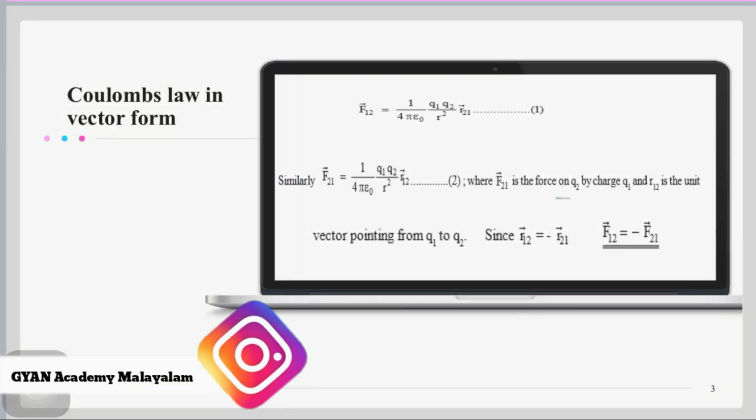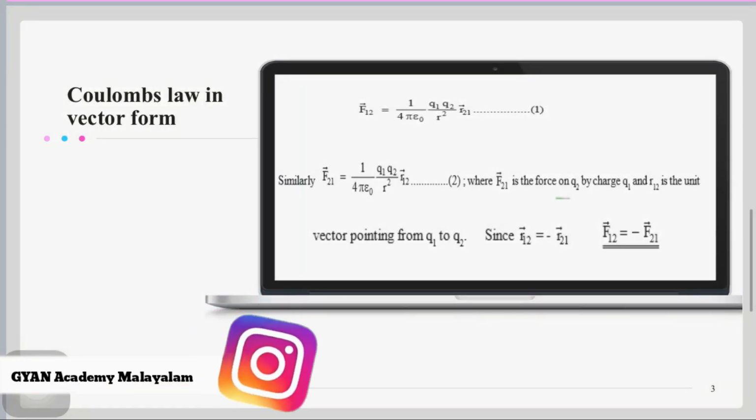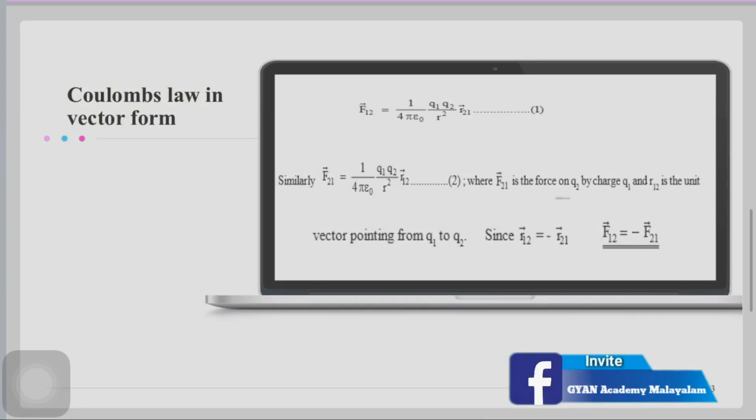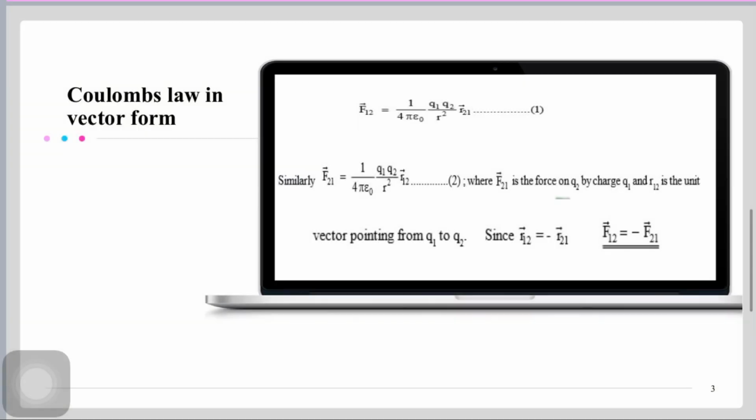Similarly, F21, the force of attraction or repulsion on the second charge due to the first charge, is given by 1 by 4 pi epsilon naught into q1 q2 by r square into r12. Here the unit radius vector is pointing from the first charge to the second charge.